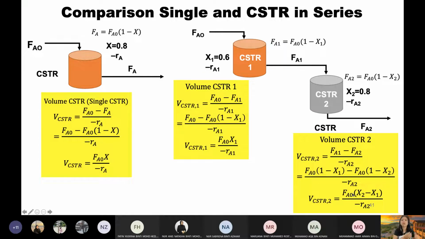So means like I told you right, conversion daripada reaktor pertama daripada 0 to 50%, X2 50% to 70%. So means X1 0.5, X2 0.7. So katakan formula ni kamu dah lupa X2 minus X1 ke X1 minus X2 sebab kadang kita get confused, right? Because I always tell you dia meningkat daripada X1 ke X2. Tapi kenapa dalam conversion X2 tolak X1?